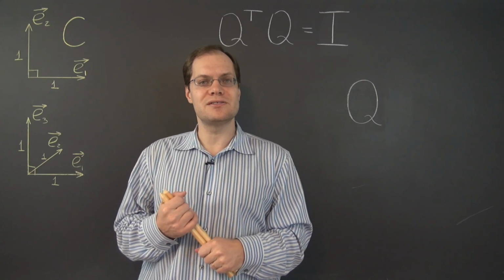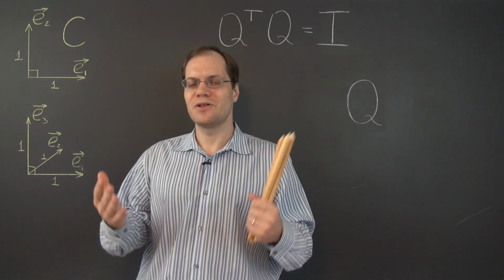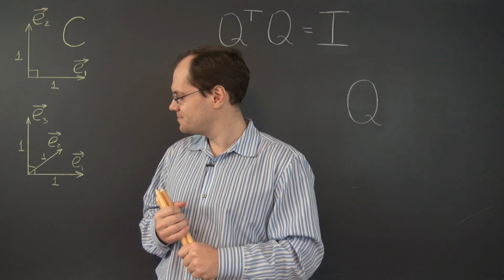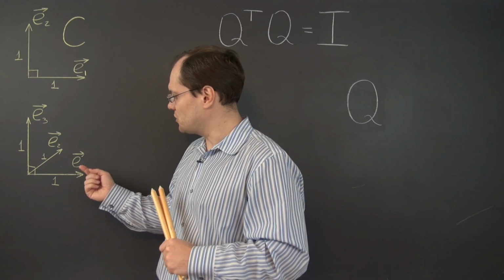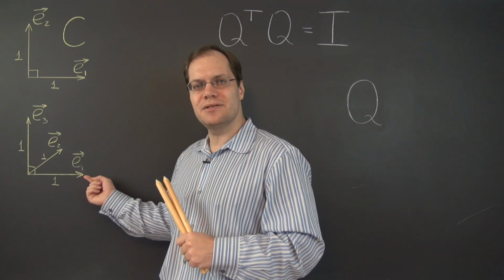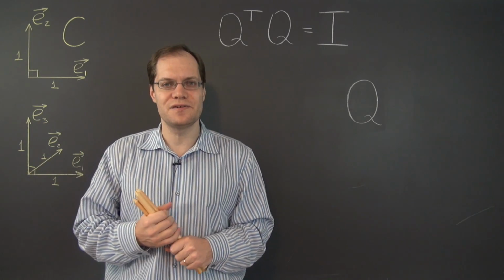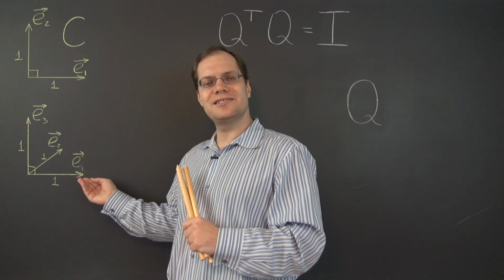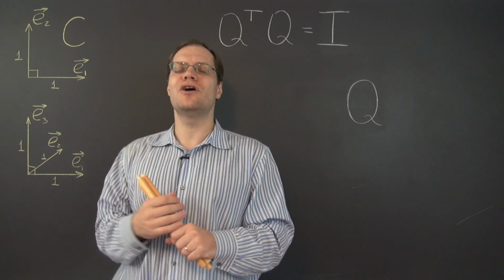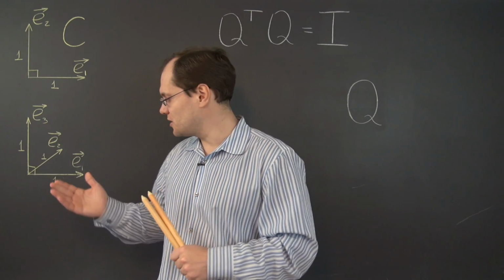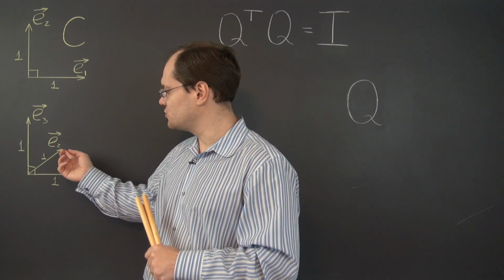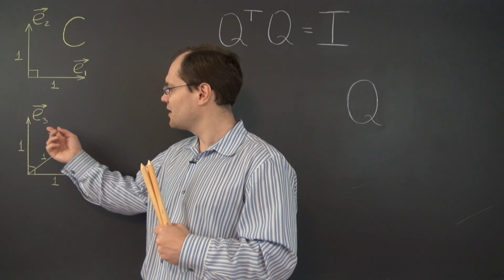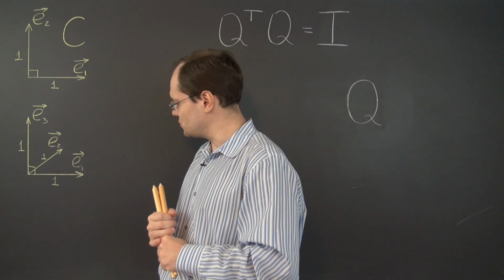And its components are, of course, 1, 0, 0. Why? Well, we've talked about it many times before. Because to represent a basis element with respect to the basis itself, we need to take 1 of itself and 0 of all the other vectors. So the components of E1 are 1, 0, 0. For E2 we have 0, 1, 0. And for E3 we have 0, 0, 1.